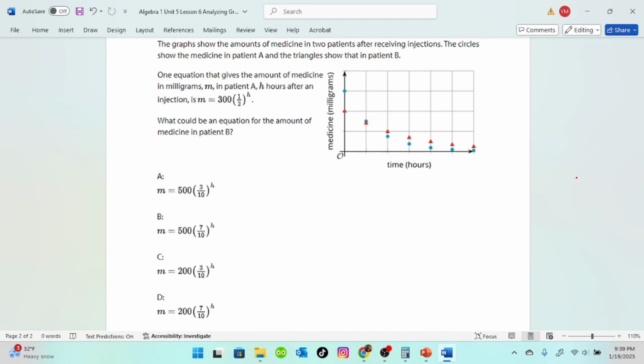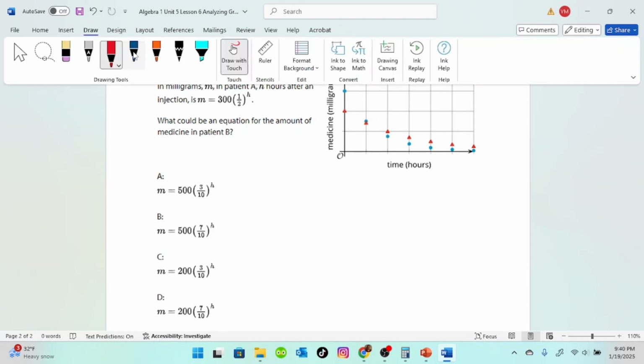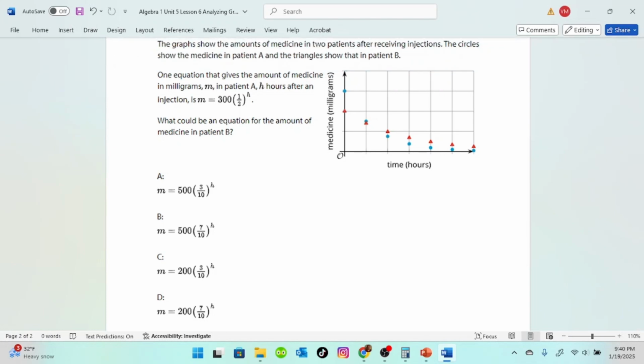So, the first thing I would need is to figure out the numbering on these axes. Notice that on the equation for patient A, we know that circles represent patient A. And we can see that the number by itself is 300. So that means the initial amount was 300.